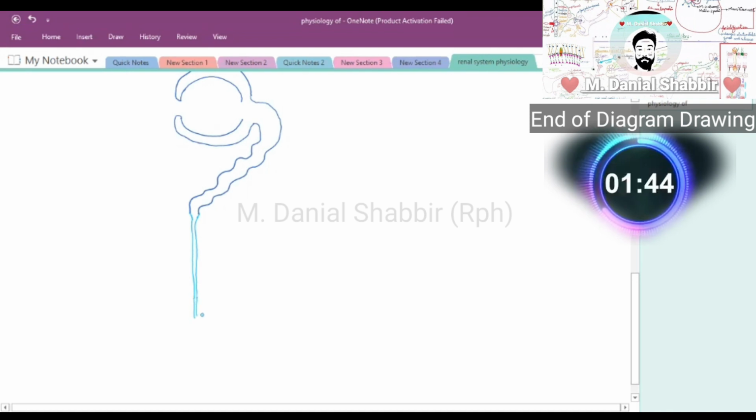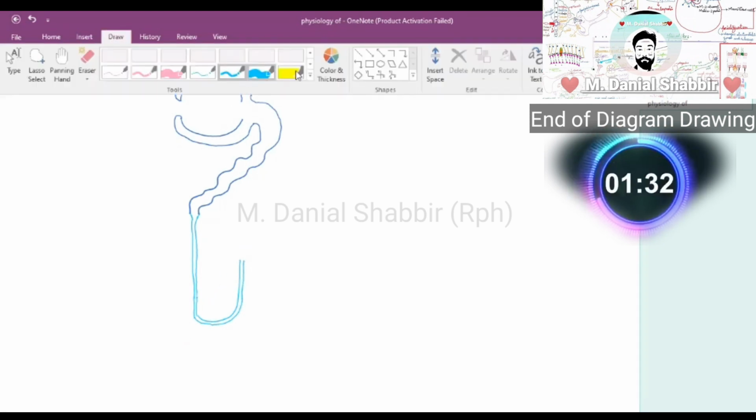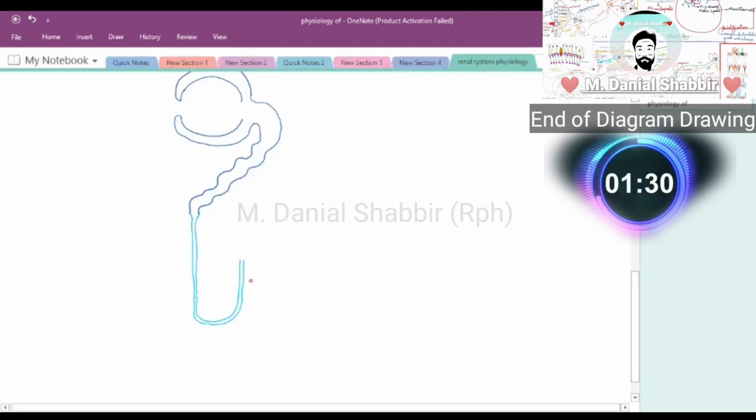Okay, I am going to draw the loop of Henle. This is the loop of Henle. Okay.